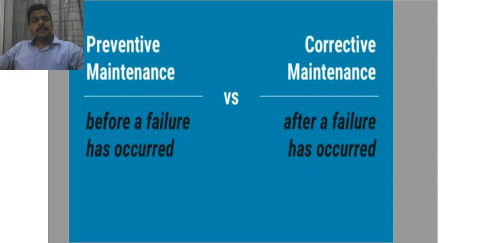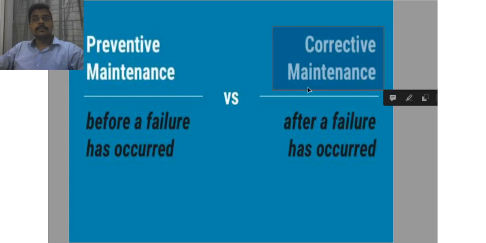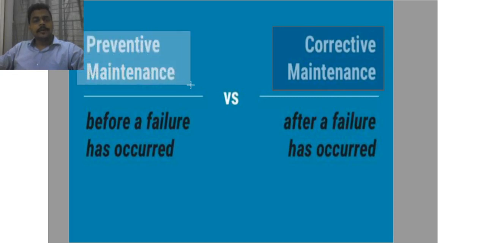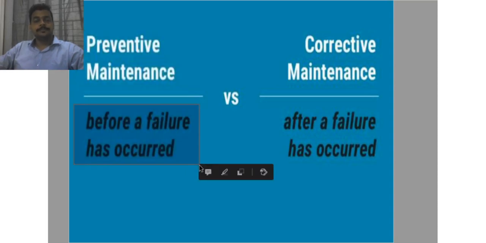Now there is one more topic, the difference between preventive maintenance that we have seen earlier, abbreviated as PM, and the second term that we have seen today, corrective maintenance, called CM. Generally, in preventive maintenance, the sentence we have seen is that prevention is better than cure, and you have to keep in mind that it is done before a failure has occurred.